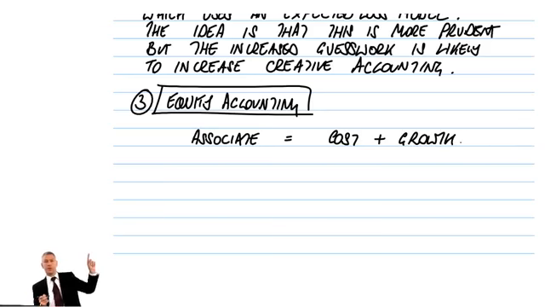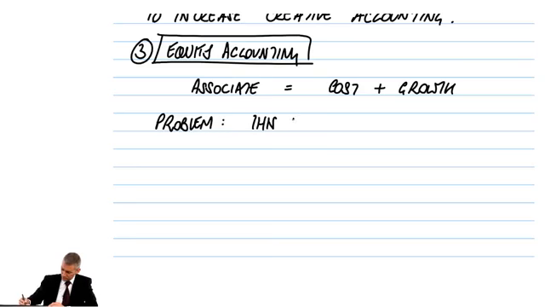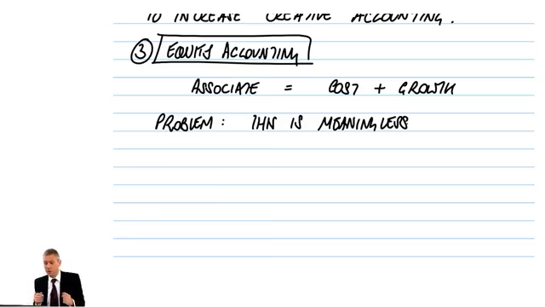Cost plus growth, that's the formula. And there's a nice way of analysing the equity accounting problem, and that is, the problem is, this is meaningless, which is a pretty serious accusation to put as a form of accounting. All that cost plus growth tells you is cost plus growth.